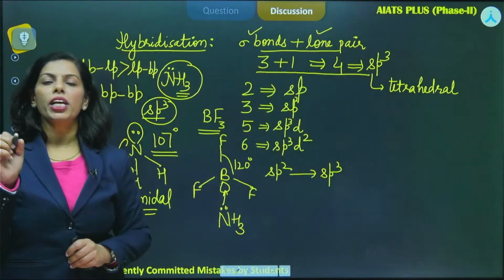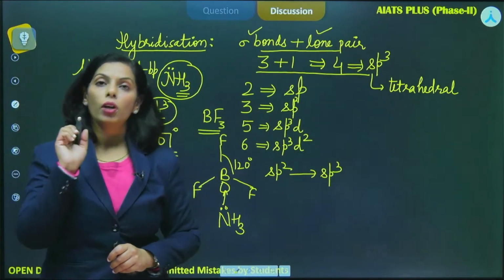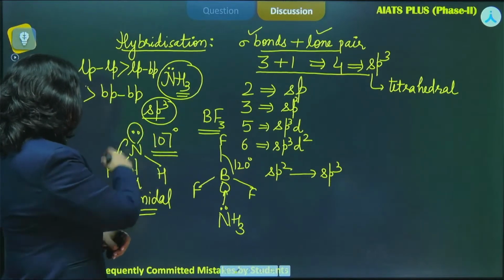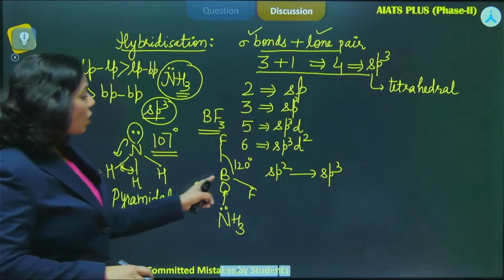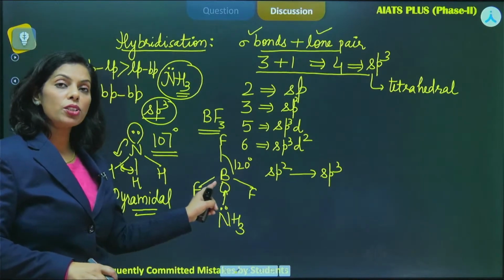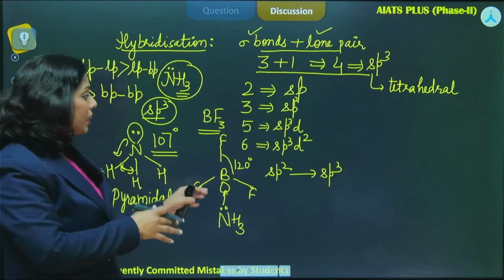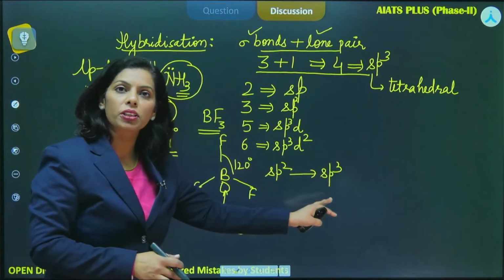So there is no change in the hybridization of ammonia. There is no change in its planarity. It is already pyramidal. There is no change. But in the case of BF3, its planar structure gets changed into tetrahedral, and simultaneously its hybridization is also changed, right?